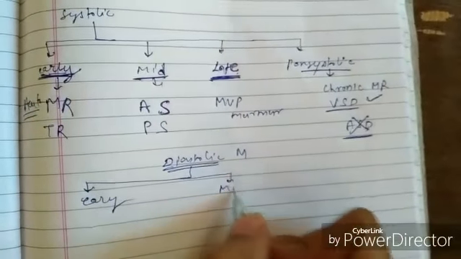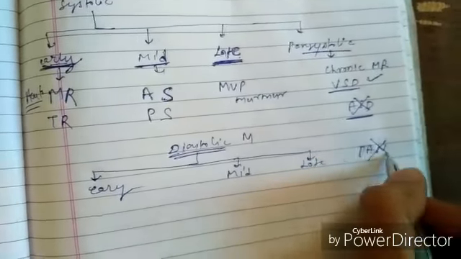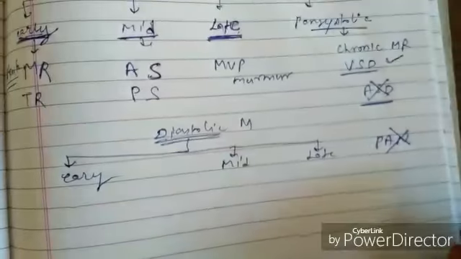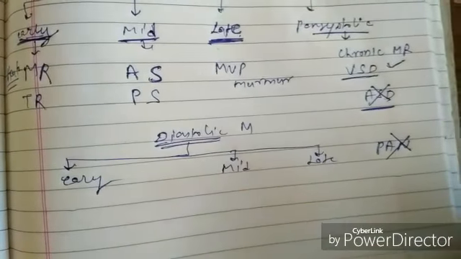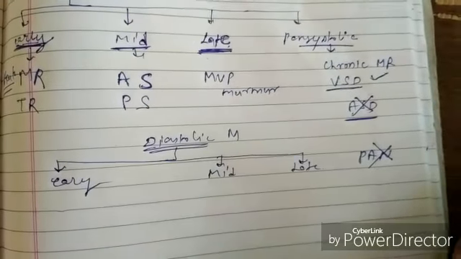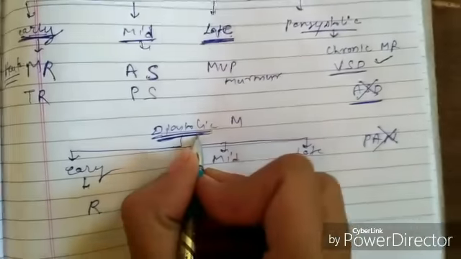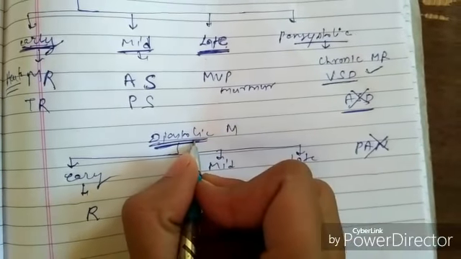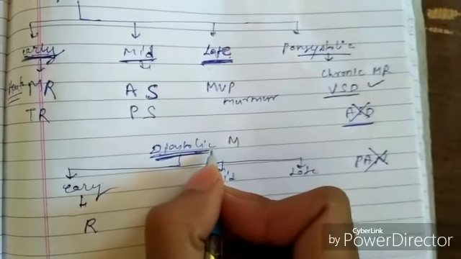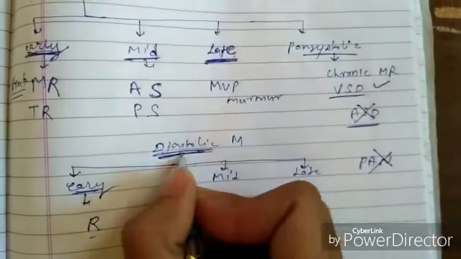Now diastolic murmurs. Diastolic murmurs can be early, mid, or late. There is no pandiastolic murmur, because in diastole the chamber pressure is very low. If there is a hole connecting the two chambers in diastole, it will not cause a murmur. Early means regurgitation, and the first valves that act in diastole are the aortic and pulmonary valves, because they have to close so that diastole can start.